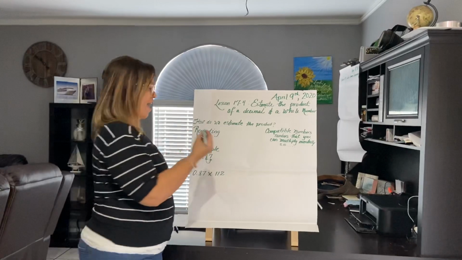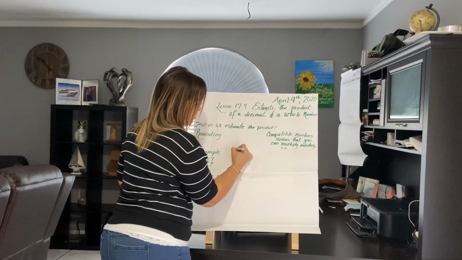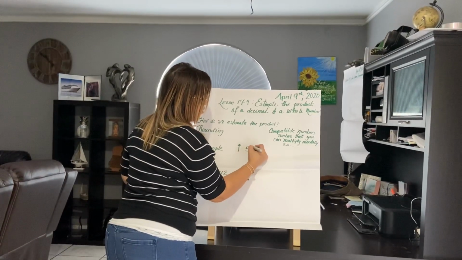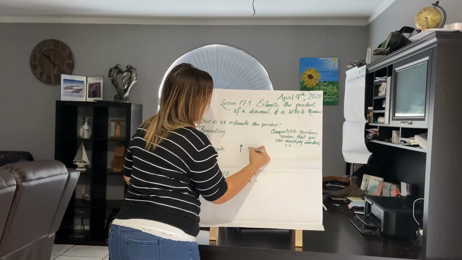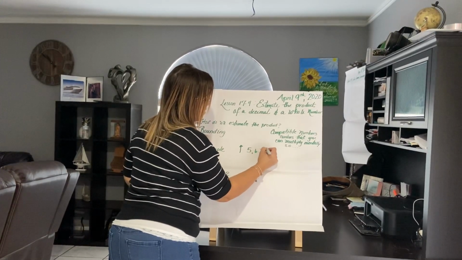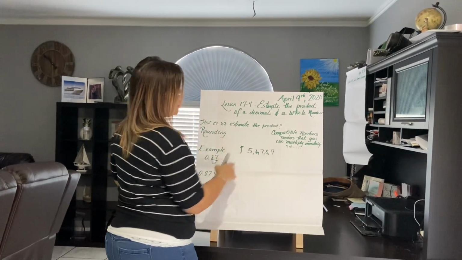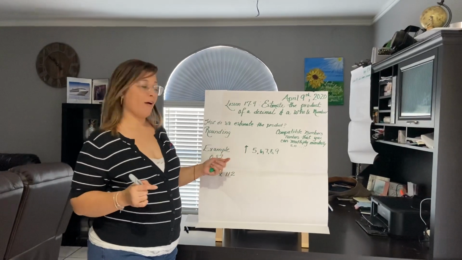Yes, when it's 5. So let me do like the arrow. A number goes up when it's 5 or more. That is correct. So we got 5, 6, 7, 8, 9. So these are indicators that my number is going to move up.